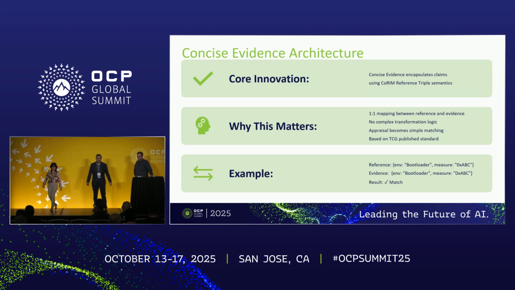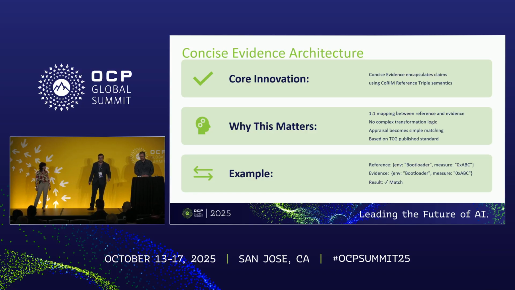So let's discuss this EAT profile. What is it about? The core of the EAT profile we developed is about concise evidence. Whoever is familiar with the TCG SPDM concise evidence specification, we integrated this into this profile. Why did we go in that direction? Why did we integrate concise evidence?